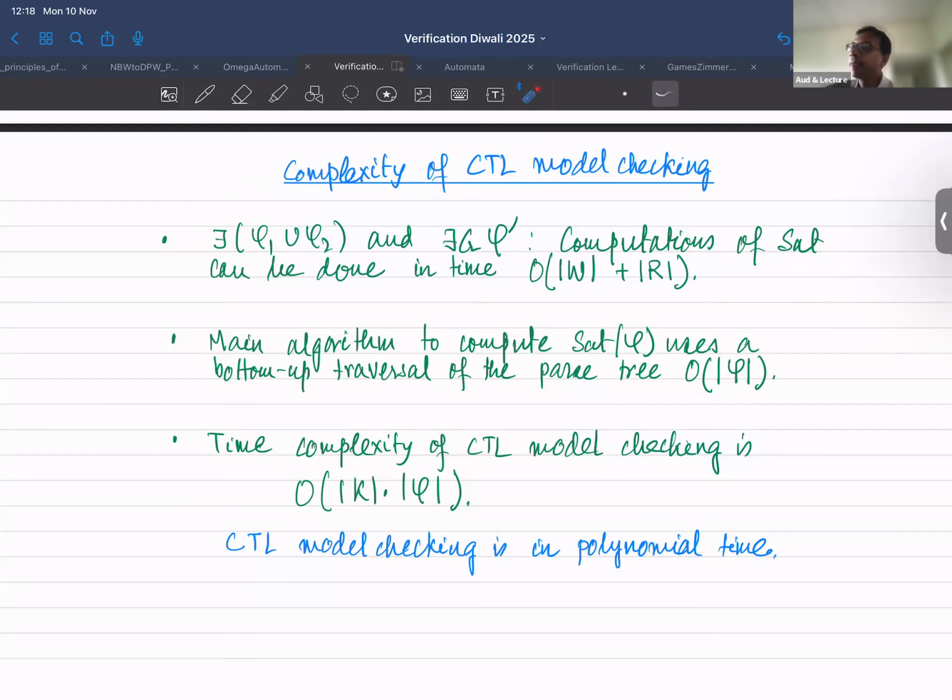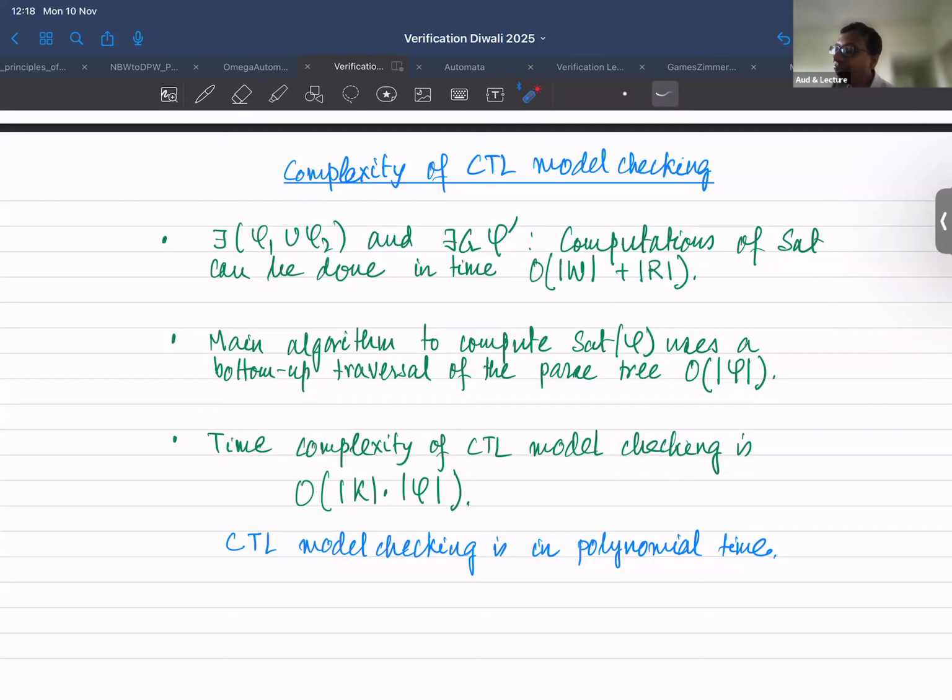Whenever we compute the satisfaction set of a given subformula phi, all we do is some kind of graph traversal, and the complexity is essentially the number of edges in that Kripke structure.